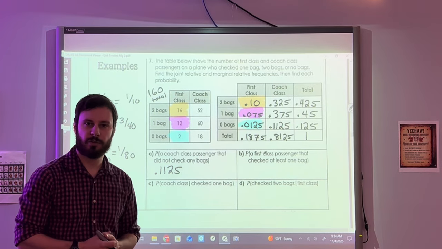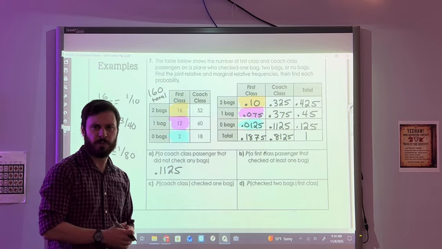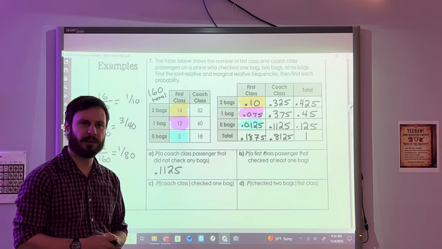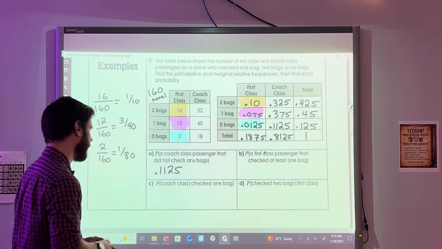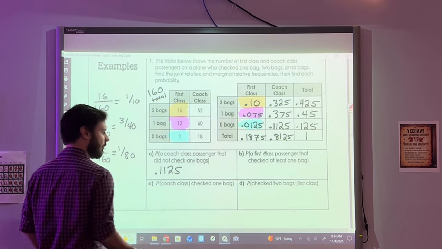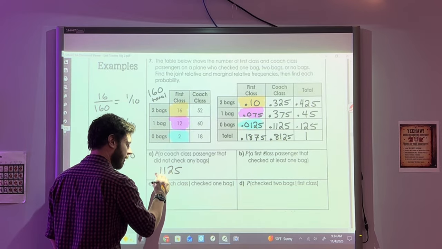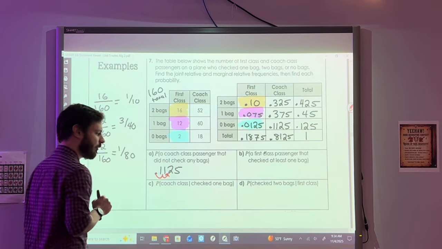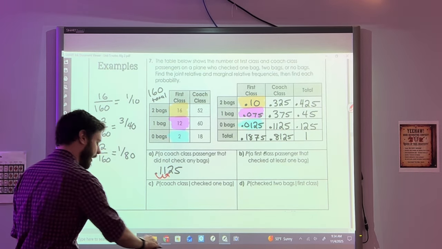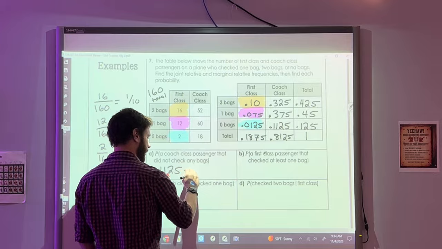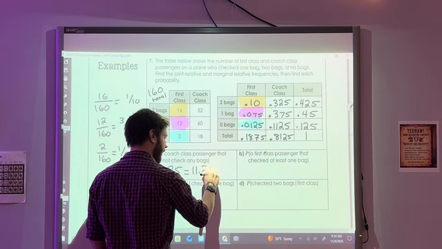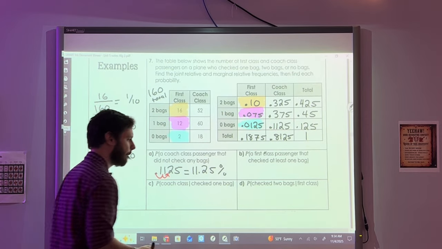I don't know, 42%, okay? You wouldn't say 0.42. No, we don't talk about it like that. So, to change a decimal to a percent, you take that decimal and you move it 2 to the right and you plop it down. This is the same thing as 11.25%.